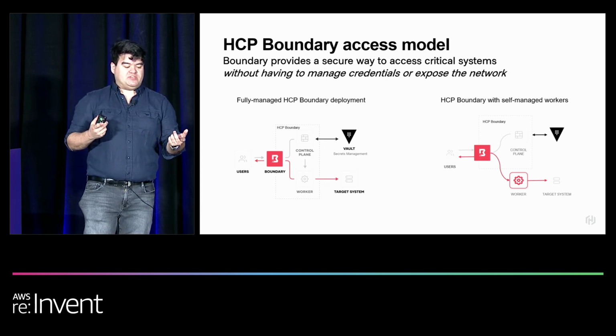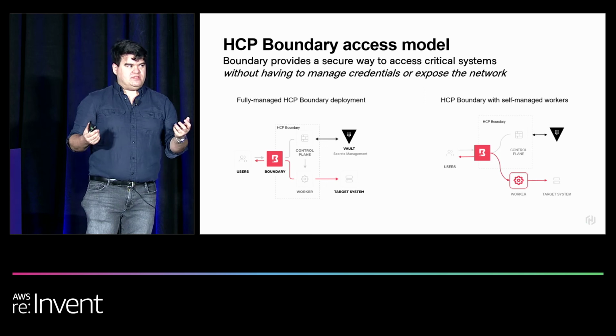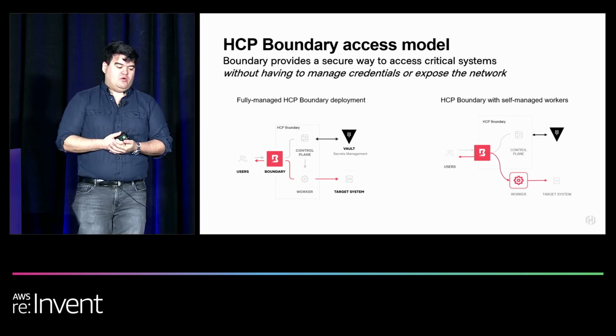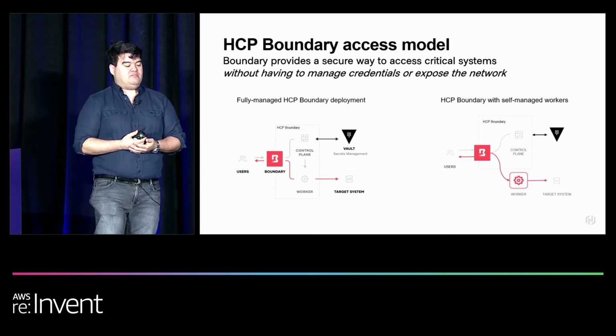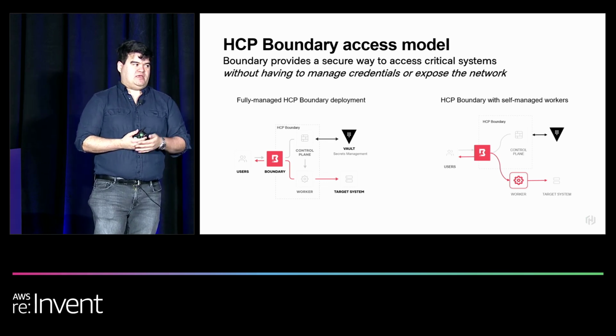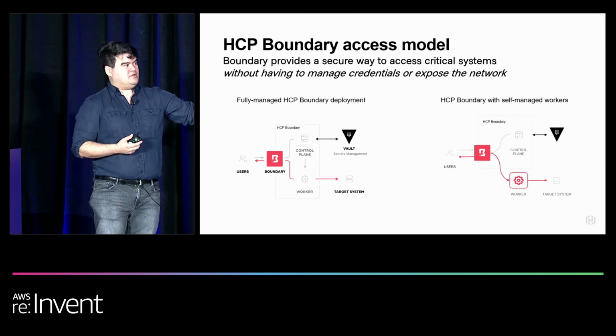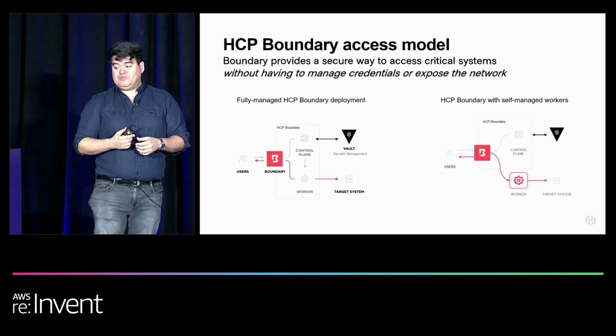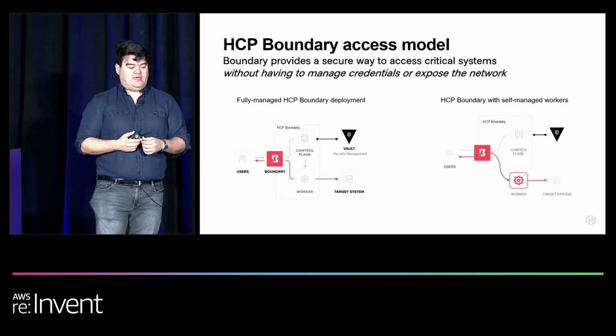The access model is a little bit different, but they're built so that it's not disruptive at all. Whether we're talking about self-managed environments or running Boundary as a fully managed product in the HashiCorp Cloud Platform, these can all address and access different types of target systems.